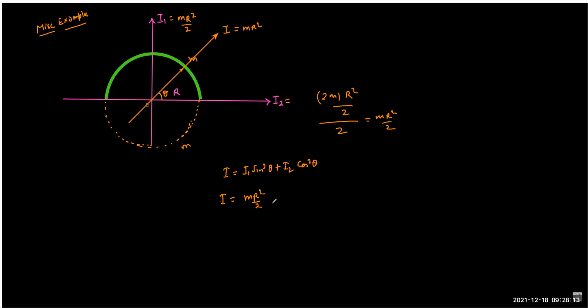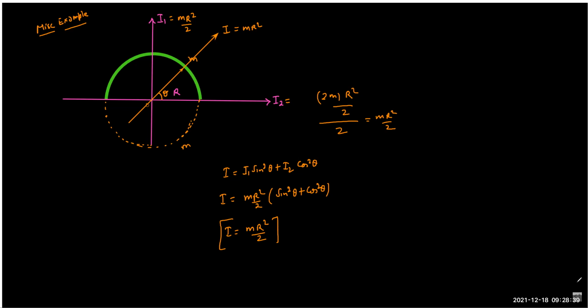This is again mr square by 2, we can take common. And this also proves that the answer is independent of the angle theta you have taken. So even though it's a semicircle, if you take the axis in the plane of the ring, the answer remains the same. Okay.